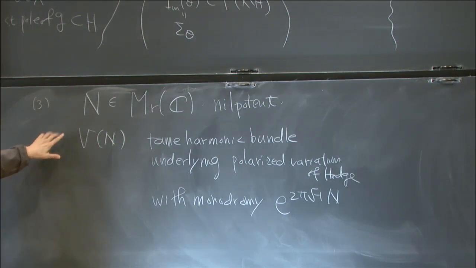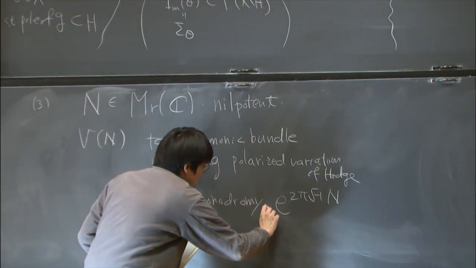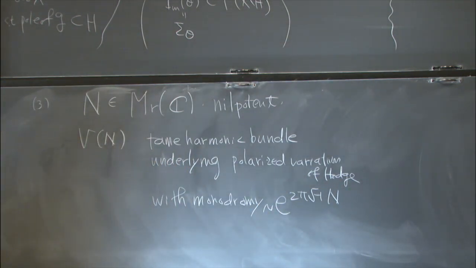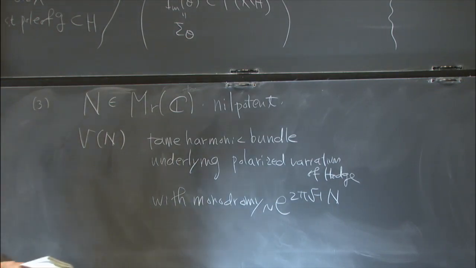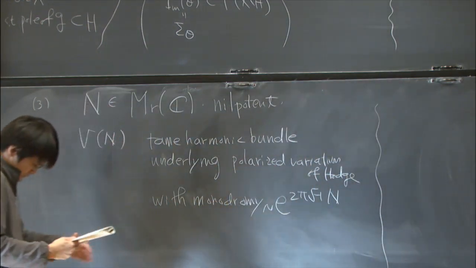So this is not canonically defined for n, but we have some tame harmonic bundle or variation of Hodge structure whose monodromy is conjugate to this one. So this is also a basic example.